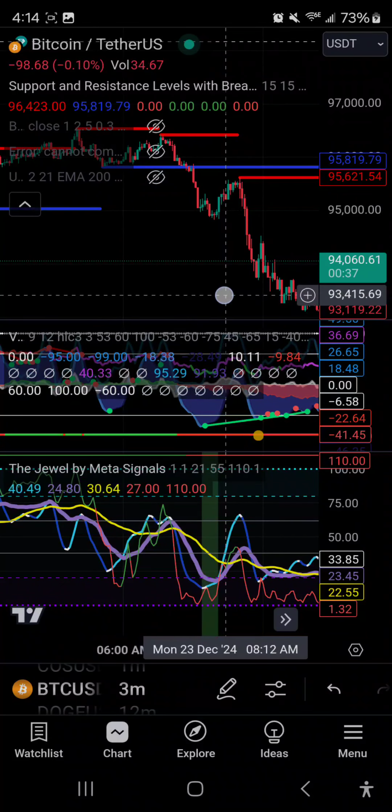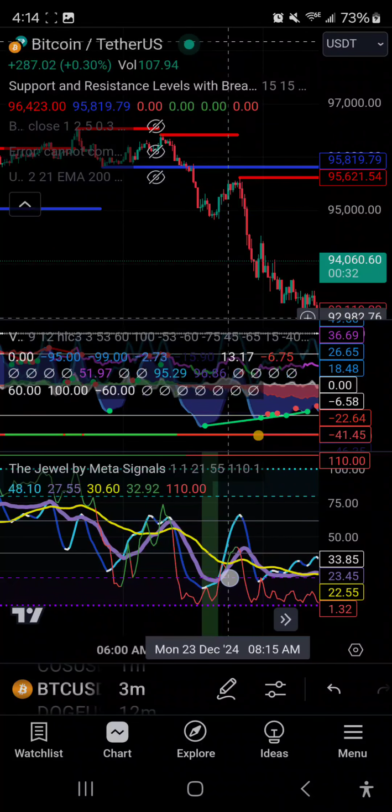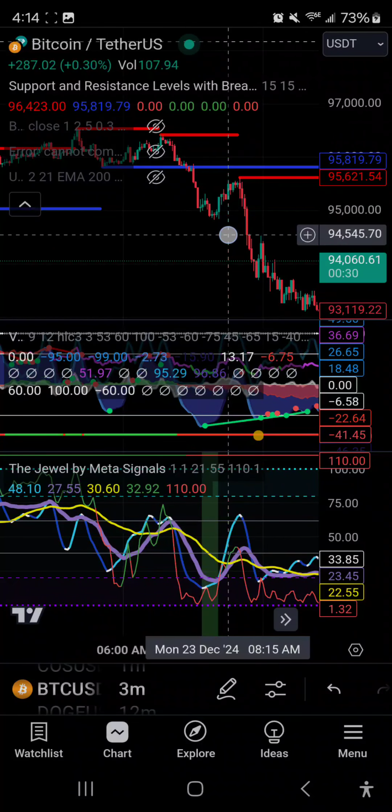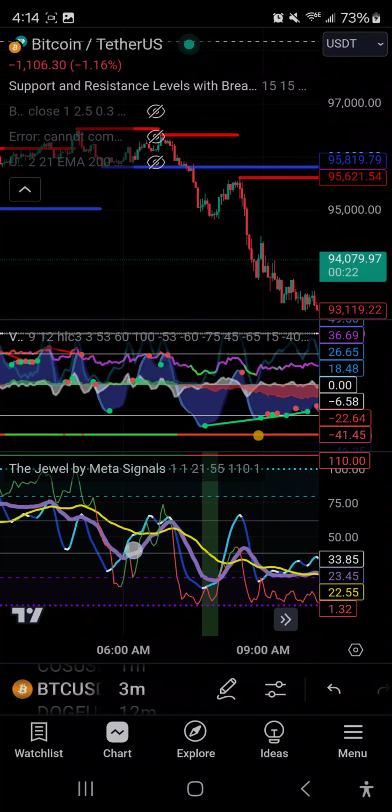There's a bit of a reversal, temporarily, where the price was green, where these things were moving up, and Market Cipher B is primarily for confluence. We're mainly looking at the Jewel and price action. So there's some foundational training for you.